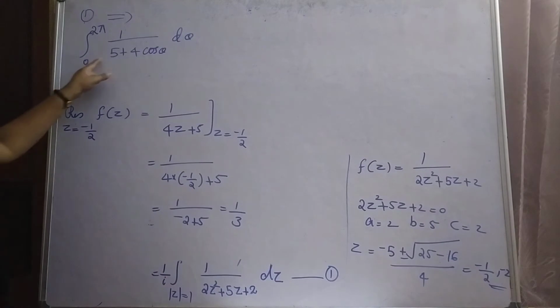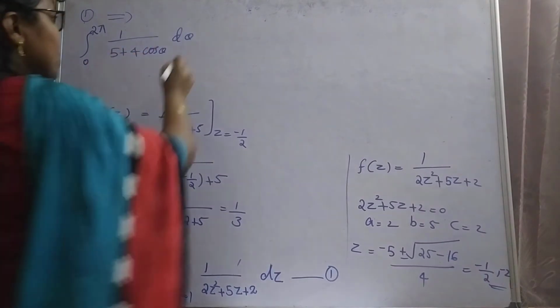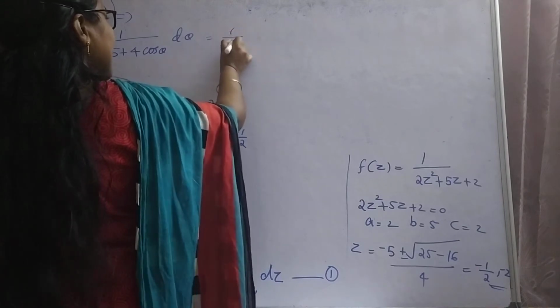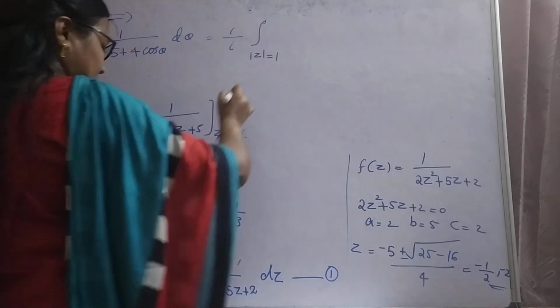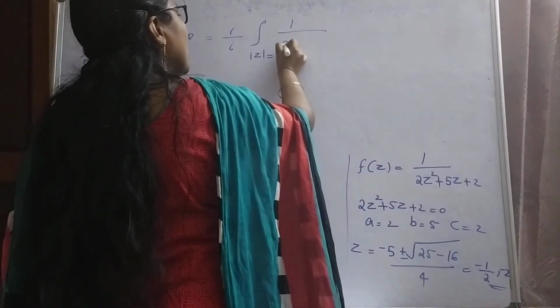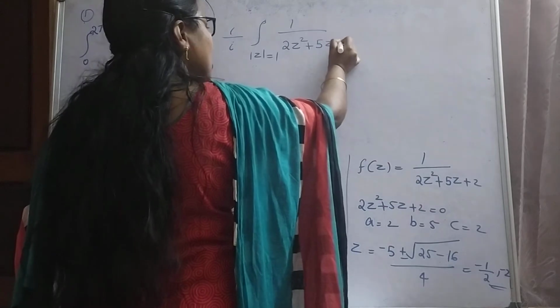We have to evaluate this integral. This integral equals the form 1 by I integral mod z equal to 1 by 2z square plus 5z plus 2 dz.